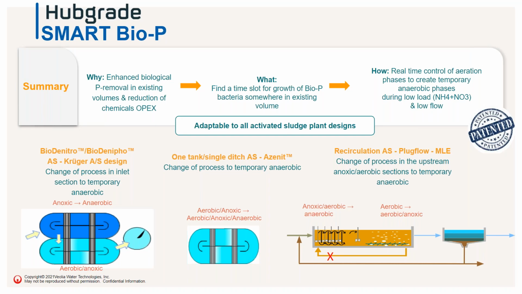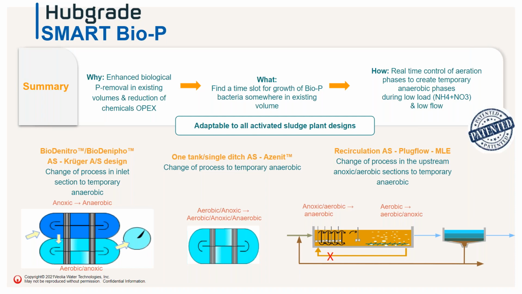Previously, I mentioned mostly examples regarding total nitrogen treatment, but more and more there's focus on phosphorus removal. And we've developed a patented series of algorithms to help those wastewater treatment plants that have not been built for this purpose, but might end up in a situation where they need to start treating for it.